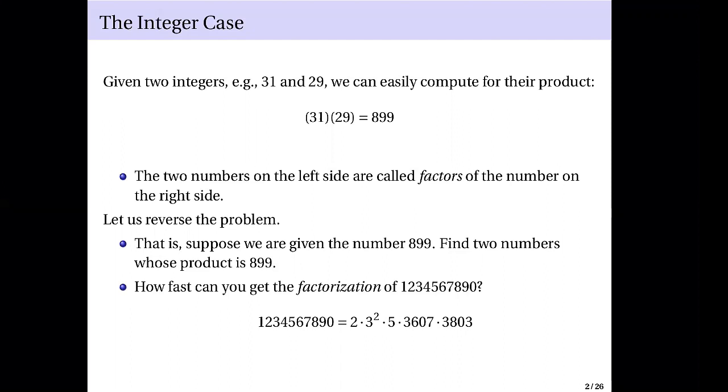But for the second time, I will try 5 again, and I won't get any factor. And then I will try 7, I will try 11, I will try 13, etc. So after dividing by 5, the next number that can divide the number on the left-hand side is 3,607 already. And that's really hard to find.